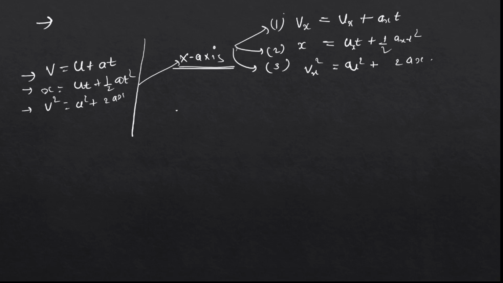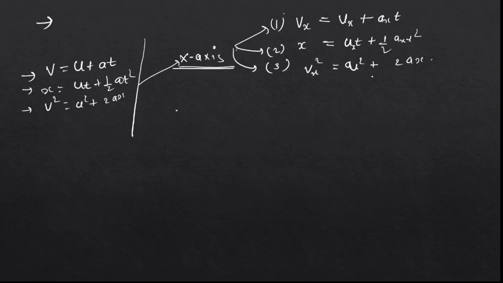Secondly, the students ask when we can use which of these equations. You can use any one of these equations for finding anything that is asked in the problem. According to the problem, you can use whichever is suitable. For example, if you need to find the velocity but the time is not given, you can use this equation.